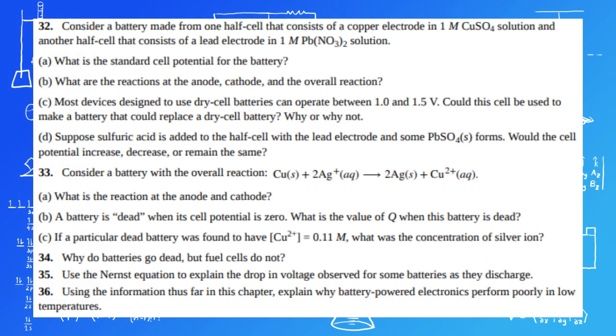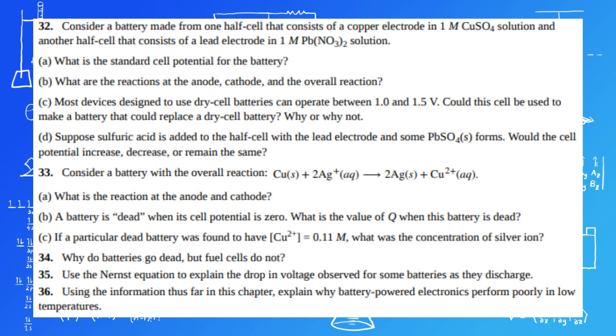Why do batteries go dead but fuel cells do not? So you can look up what fuel cells are in your textbook or online. But the way fuel cells work, they can continue working as long as the fuel is being pumped into them, so they don't have to go dead. Batteries have all the material, all their fuel, so to speak, already pre-contained, and once it runs out, it runs out.